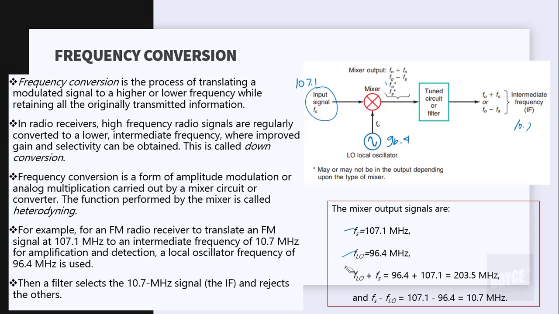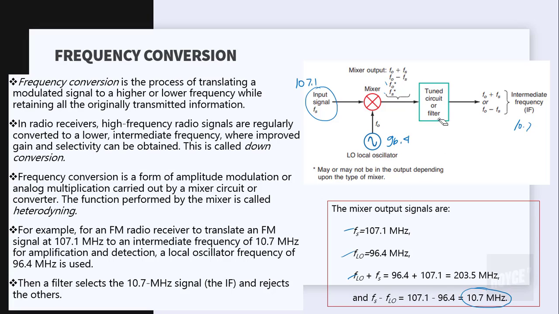Local oscillator, 96.4. Sum and difference. Sum nila, 96.4 plus 107.1, that is 203.5. Difference nila is 107.1 minus 96.4 is 10.7. So, galing dito sa apat na values na to, alam natin na ito yung intermediate frequency.